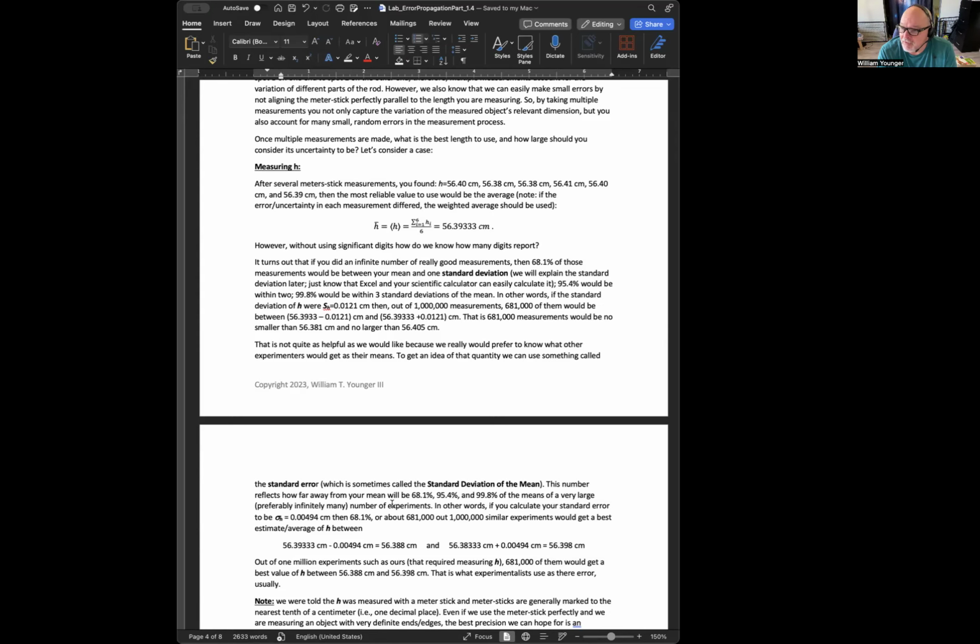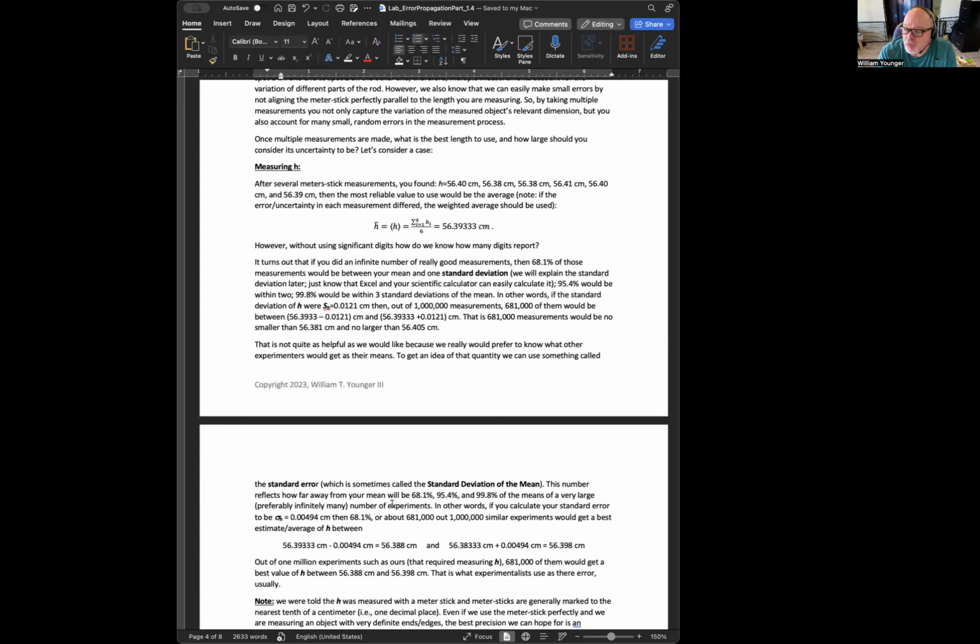I'm never going to take off in my classes, in my labs, for you not doing that or for you doing that. But in general, all you really have to do is round your standard error to one sig fig, and since we can't know the digits to the right of that, then we shouldn't know the digits to the right of that in the mean either.